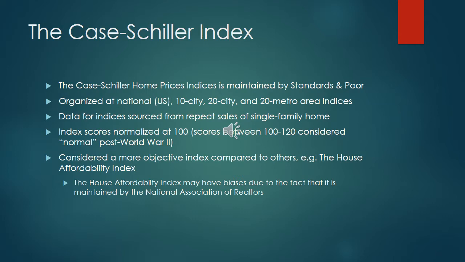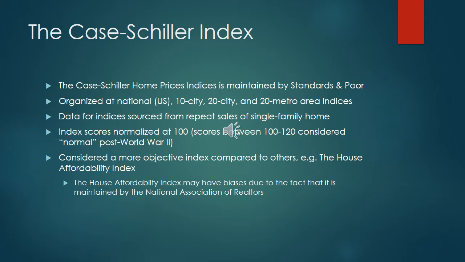It is organized at the national level in the United States, at a 10-city level, a 20-city level, and a 20 metro area level, which each carry indices of their own. Data for these indices are sourced from repeat sales of single-family homes in specific areas, namely either metro areas or specific cities.